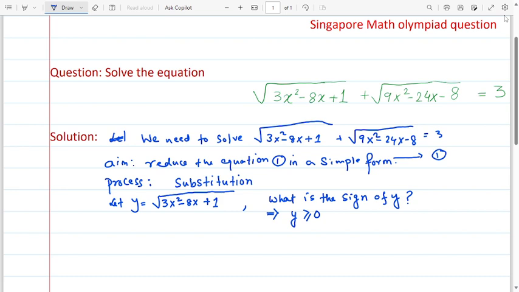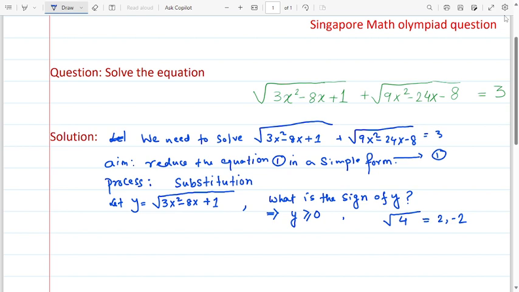Let's take an example. Suppose what is the square root of 4? It will be 2 and minus 2. If anyone writes 2, this is also right. And anyone writes minus 2, that's also right. So we have two different signs, plus and minus. Then why should we take y greater than or equal to 0, meaning positive?